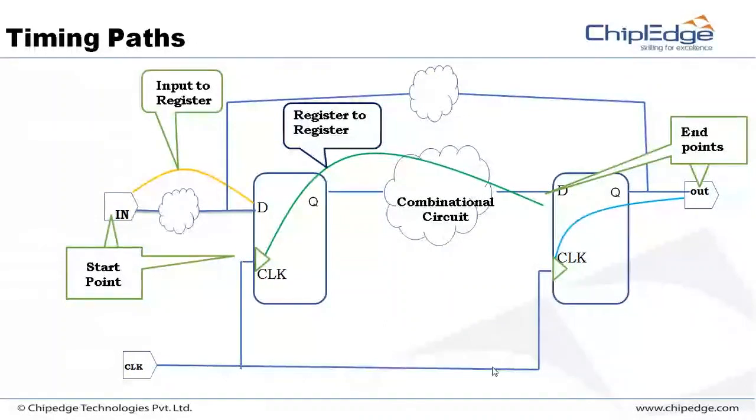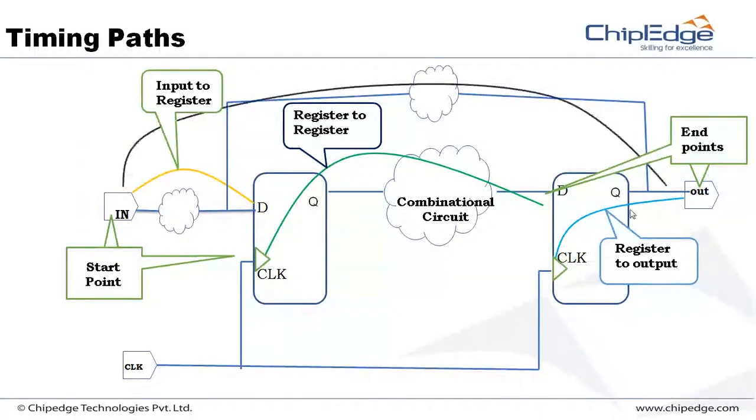Then the third timing path is the clock pin to the output pin. This is called register to output. This flip-flop is nothing but a register, so register to output port. Then we have the last one, from the input port to the output port, the input to output timing path. We need to see whether my data is reaching in time from the input to the output through this path.